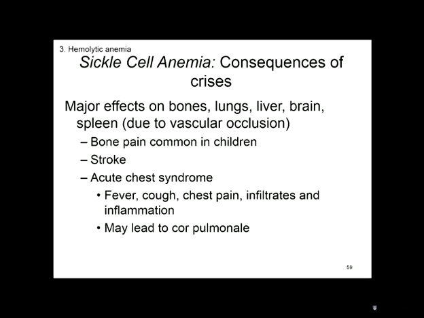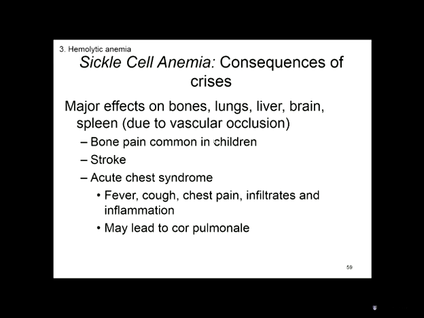That cannot be good. Liver, brain, anywhere, spleen, everywhere this can happen. And because this happens in bones too, bone pain actually is particularly common in children for some reason. So the symptoms are severe. Stroke, the case I posted, has to do with this type of crisis.